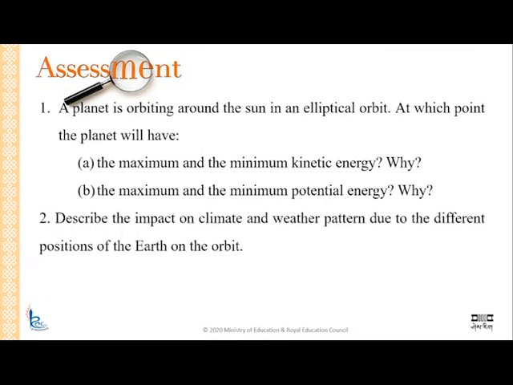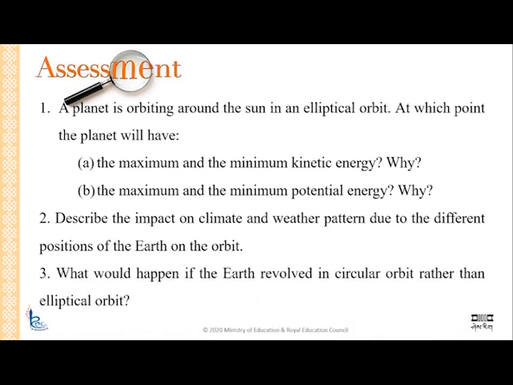Third question, describe the impact on the climate and weather pattern due to the different positions of the Earth in the orbit. The last one is, what would happen if the Earth revolved in a circular orbit rather than an elliptical orbit?